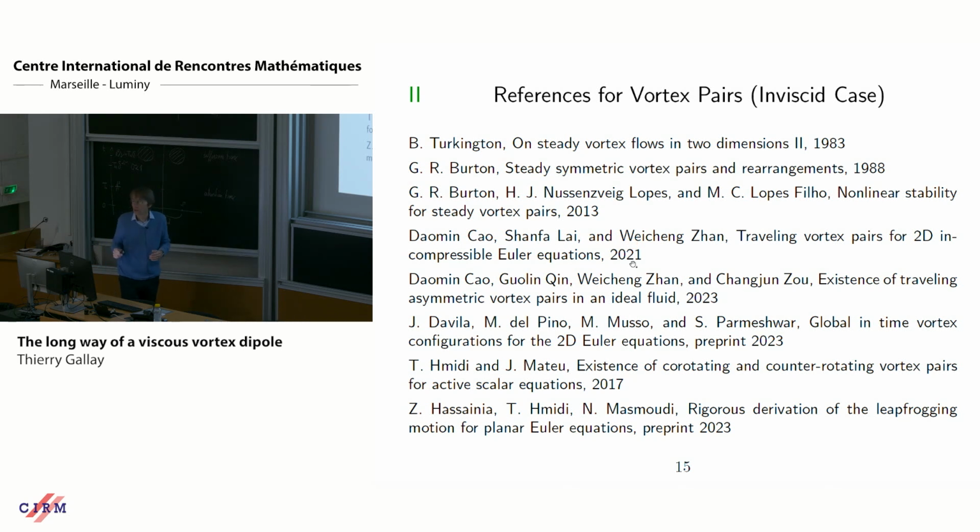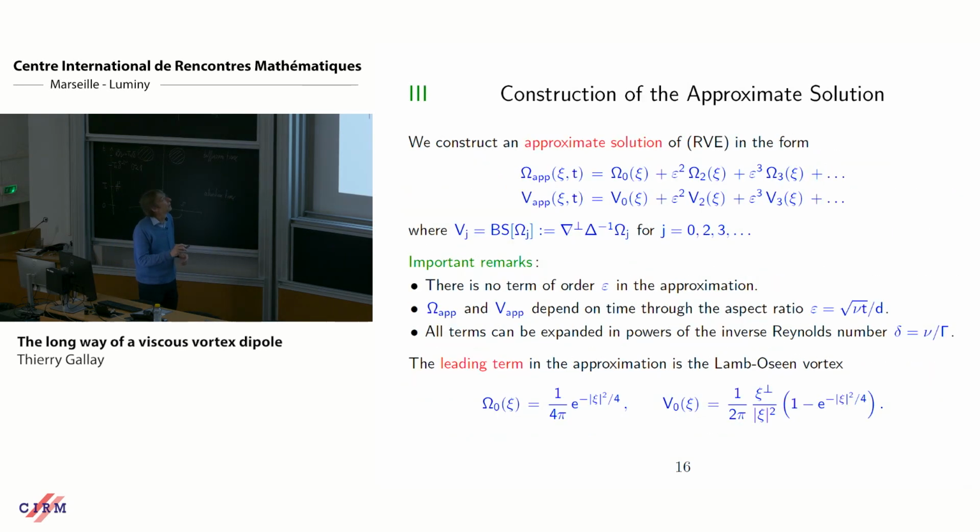Okay, I will not mention that at all. I'm doing just the viscous case here, for which you cannot go to infinite time, of course. At infinite time the pair is destroyed, but you can go to a very long time depending on the viscosity parameter.